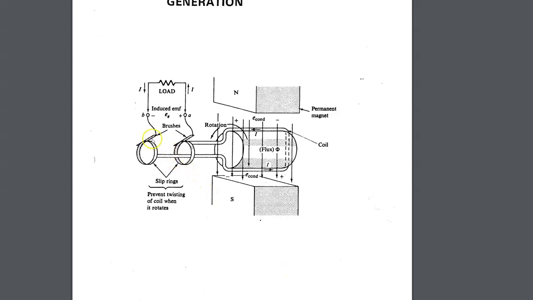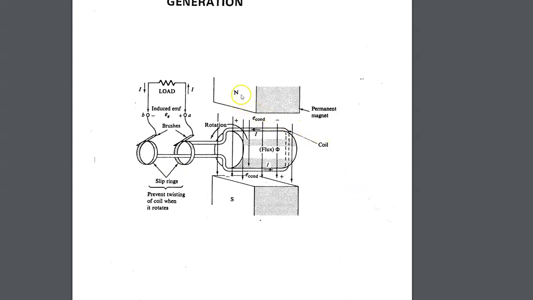Here is a picture of the slip rings. These slip rings allow the coil to rotate in the magnetic field through 360 degrees and maintain electrical contact for the load without the wires getting twisted up. So you have these brushes that ride against these rings, and you can imagine some springs forcing the brushes down against those slip rings to maintain contact.